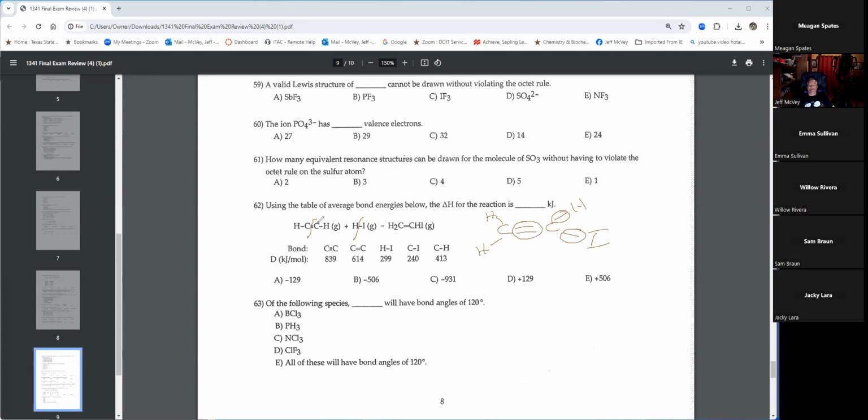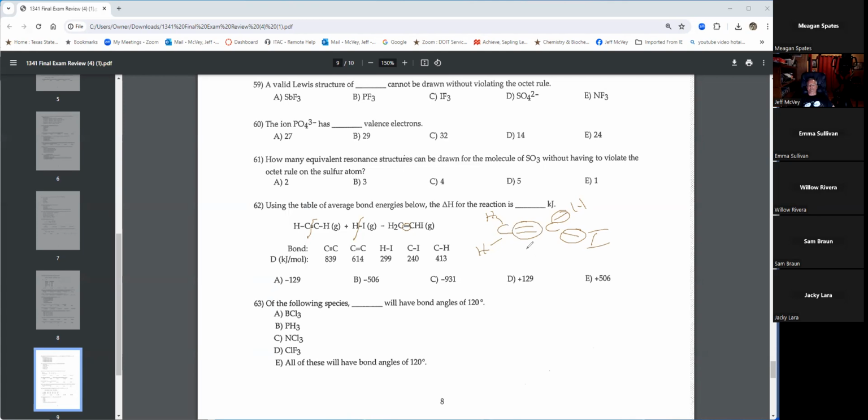Okay, so it looks like I broke a carbon-carbon triple bond. I broke a hydrogen iodide bond, and then I made a carbon-carbon double bond. I made one more carbon-hydrogen bond, and I made a carbon iodide bond.